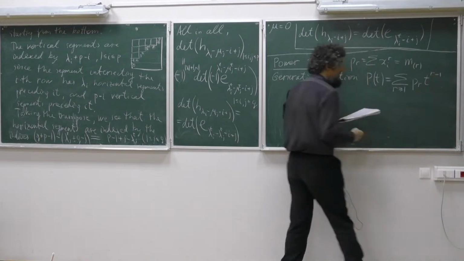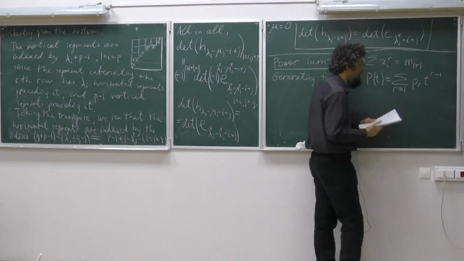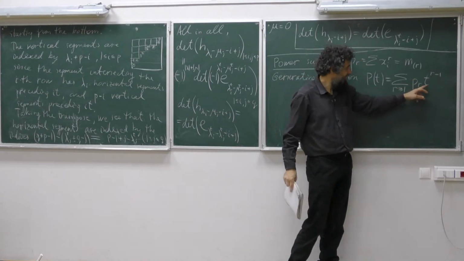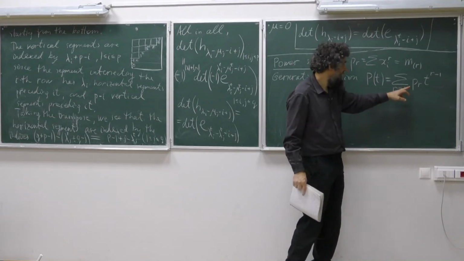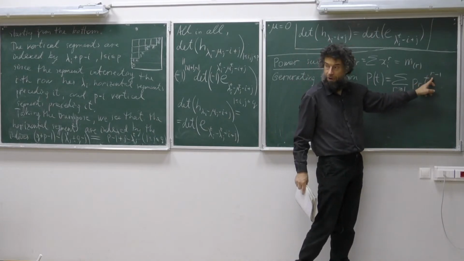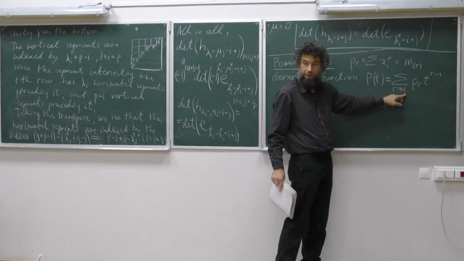And note that there is some difference from what we did before. Before it was of different homogeneity degree. We had like e_r t^r, and now it's t to the power r minus 1. And also r starts from 1, not from 0.